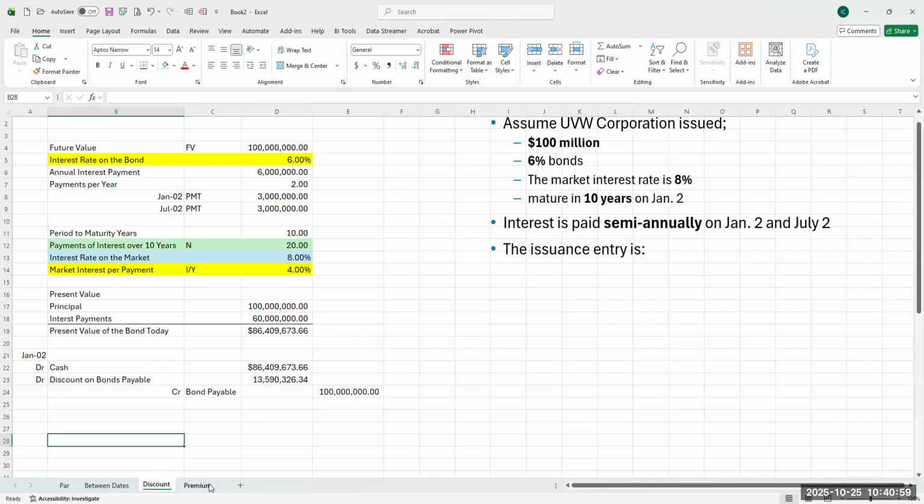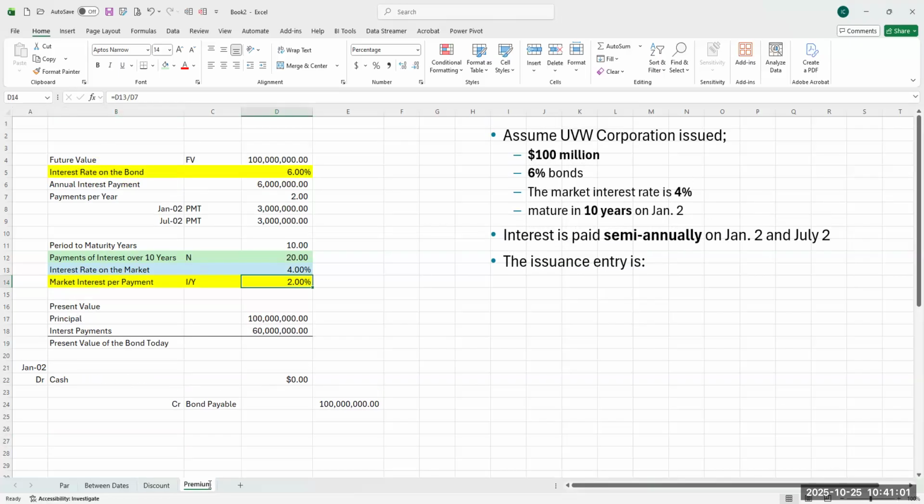Now, the opposite scenario is the market is 4%. I give them more value than the market. Do I have to give them a discount or they have to give me a premium? Premium. Now I can charge them more because I give them more value than the market. Make sense? So let's see how much more we can get.